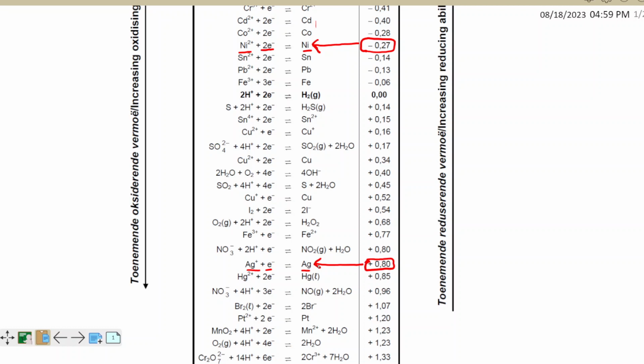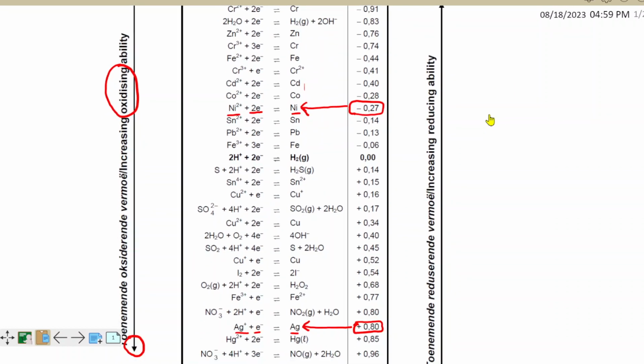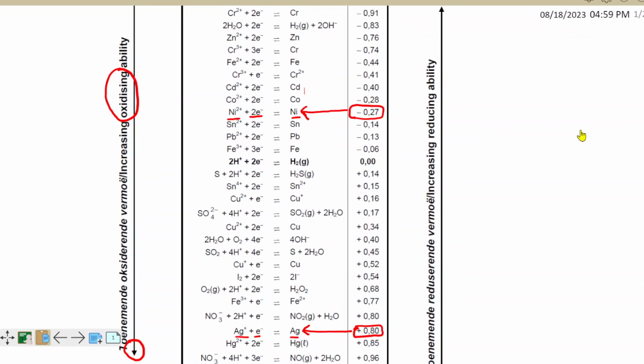Now, what I want you to look at again, between the two reactions now, on the left here, we have an arrow. You can see this arrow is pointing downwards, and it's written there, oxidizing ability. Then this one, on the right, you can see the arrow is pointing upwards.